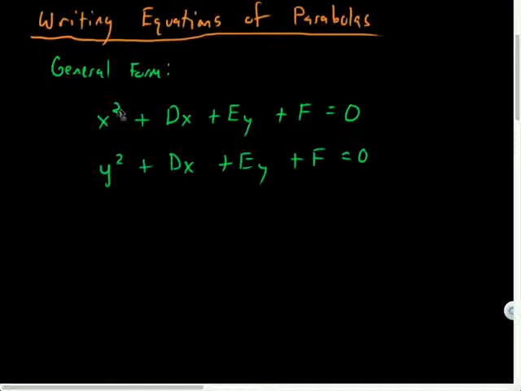The one with the x squared is your vertically oriented version, and the one with the y squared is your horizontally oriented version. And d, e, and f happen to be your coefficients.